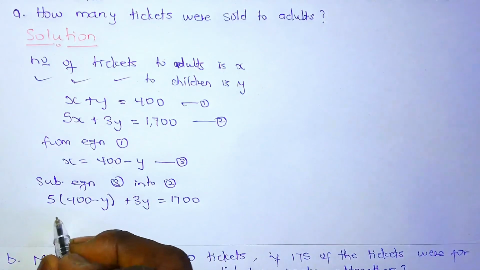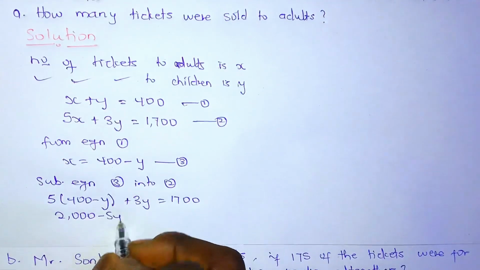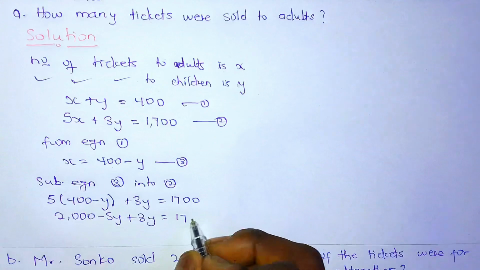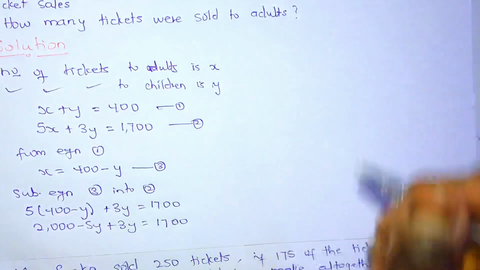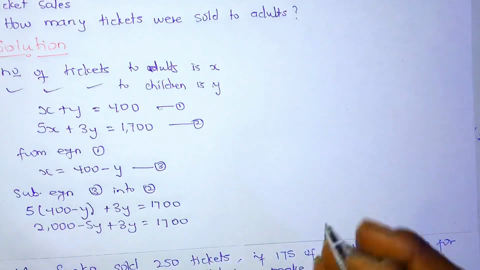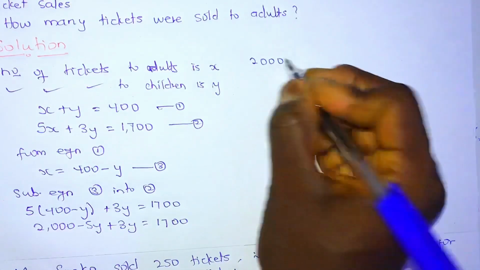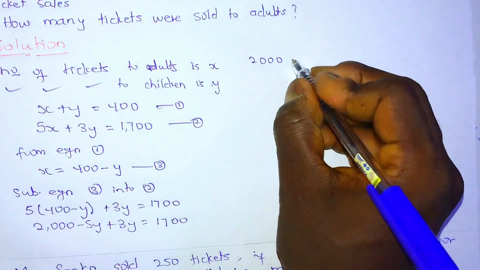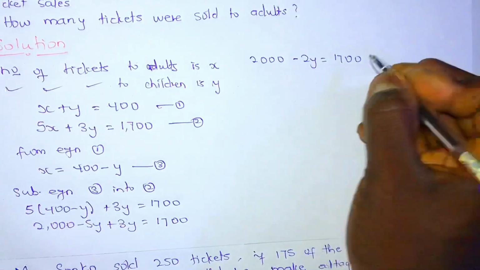So we get 2000 minus 5y plus 3y is equal to 1700. Okay, so let's continue here. So 2000 minus 5y plus 3y, so that's minus 2y is equal to 1700.